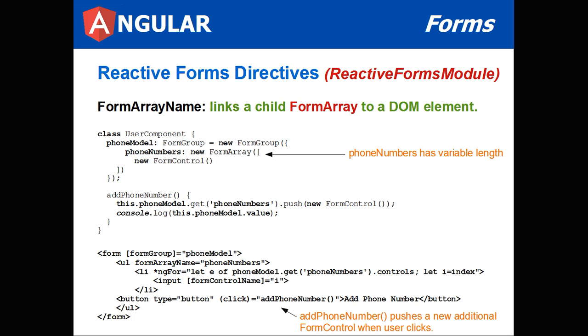Phone numbers has variable length. When I add a phone number, I could say this phone model, get phone numbers, push a new phone control, and log the phone model value.